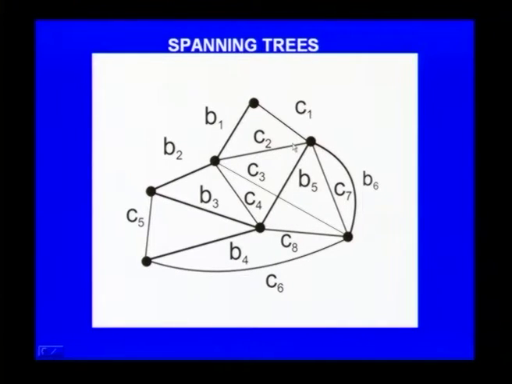These 6 edges form a connected subgraph of this, and it has the structure of a tree. There is no cycle in that. Obviously, you can see that the graph has 7 vertices and there are 6 B edges. They are called branch edges. The subgraph consisting of the B edges B1 to B6 is called a spanning tree of this graph.